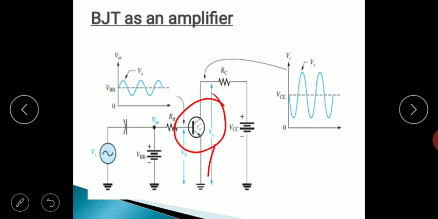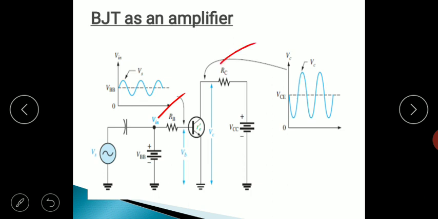Because emitter is connected to ground. And here I have shown it is a NPN transistor because current is pointing out. Right? So transistor is used here in common emitter configuration. So we can call this circuit as common emitter amplifier. What are the other things used along with the transistor? We have shown one input resistance RB here and the collector load RC.